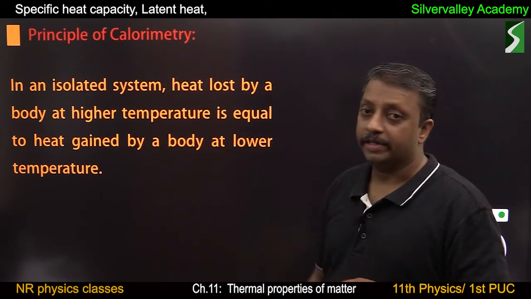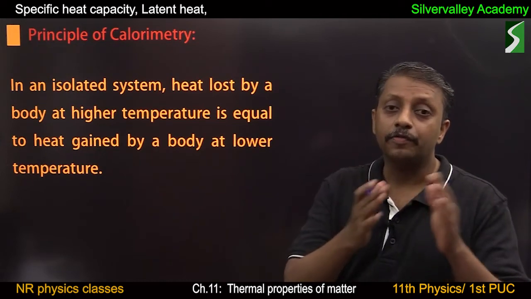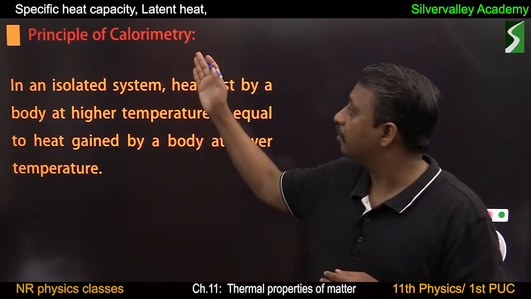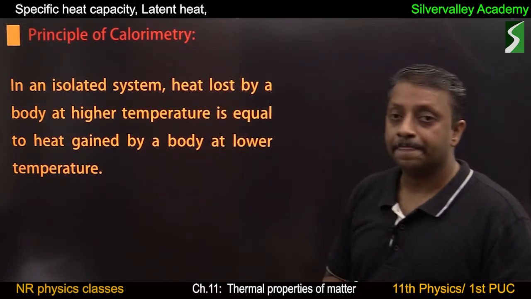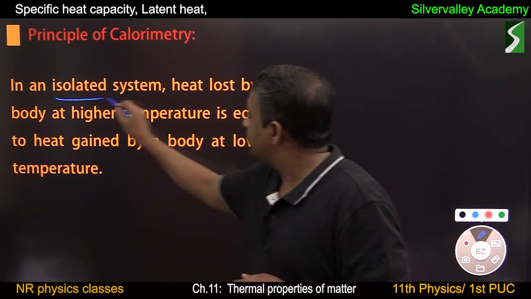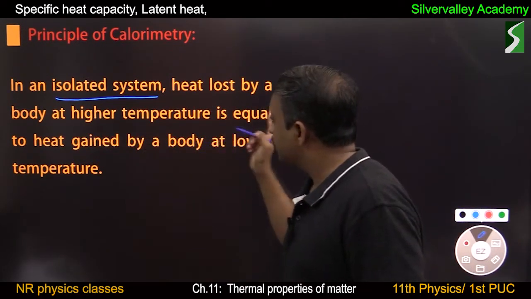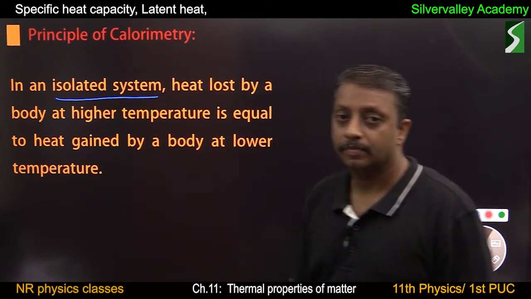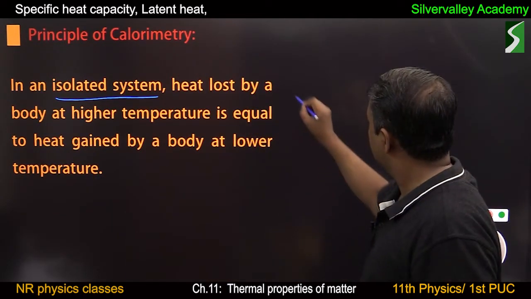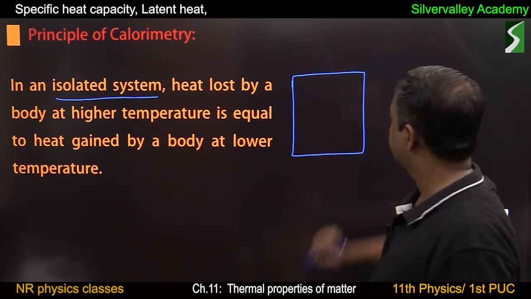Principle of calorimetry. So what is the principle behind measurement of heat? That is nothing but the principle of calorimetry. Metry is measurement. In an isolated system, heat lost by a body at higher temperature is equal to heat gained by a body at lower temperature. Now, let this be an isolated system.